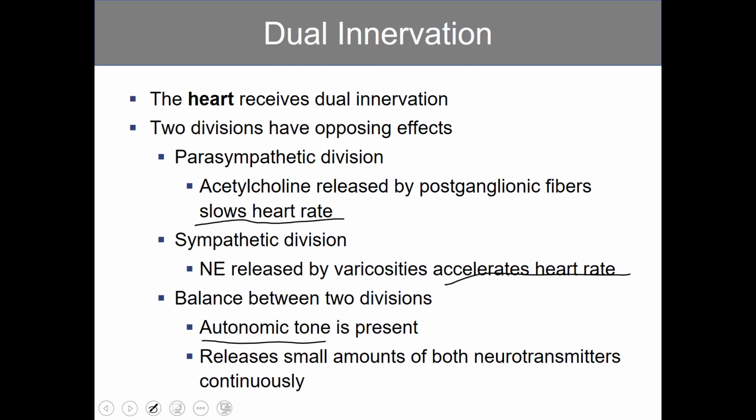And it's almost like driving with one foot on the gas and one foot on the brake. Constant amounts of neurotransmitters are being released from both sides, and that creates autonomic tone. It's a type of muscle tone within the autonomic system, and it keeps all of these structures sort of geared up and ready to go.